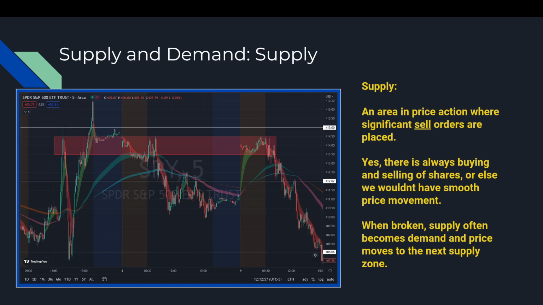Those are areas in the order book where you can see a massive jump in buy orders or in sell orders. Those also make up your supply and demand. So you could even skip the chart and find the supply and demand just by looking at the order book of whatever equity you're looking at on your brokerage.